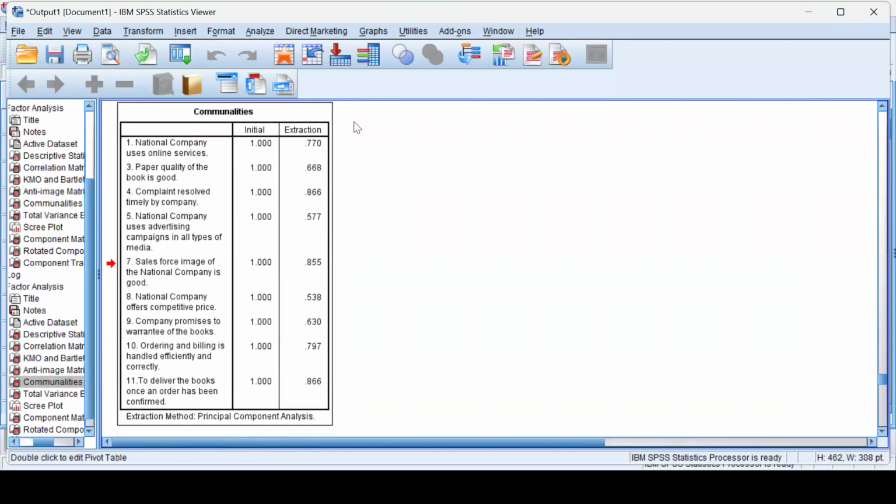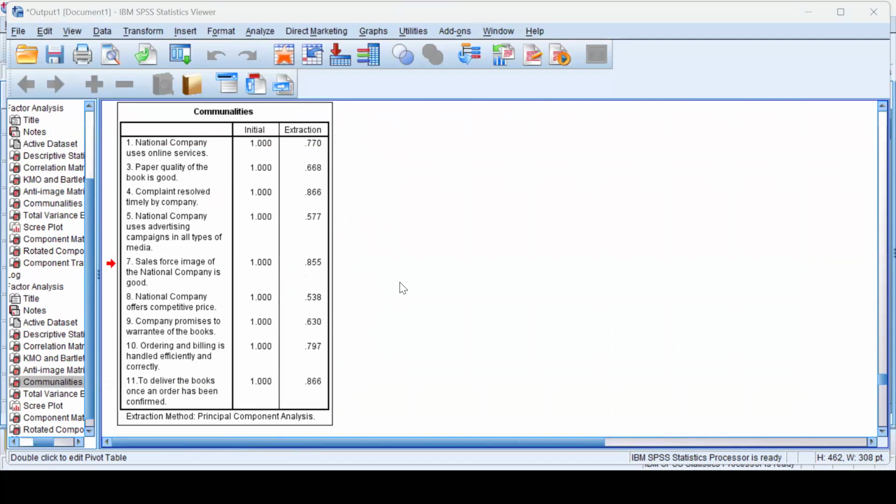We will check whether all the values are above 0.5 or not. Yes, all the values are okay. Now there is no problem of communalities.